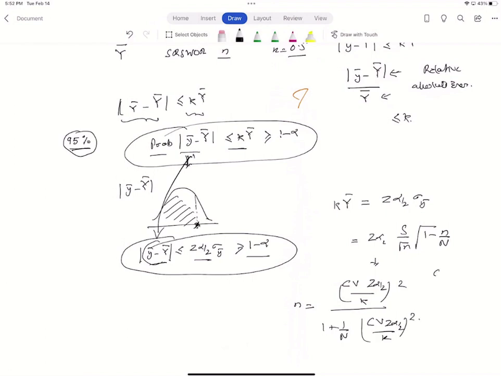And what is CV? CV is nothing but the coefficient of variation, which is the population standard deviation divided by the population mean. So that is one way of solving this.